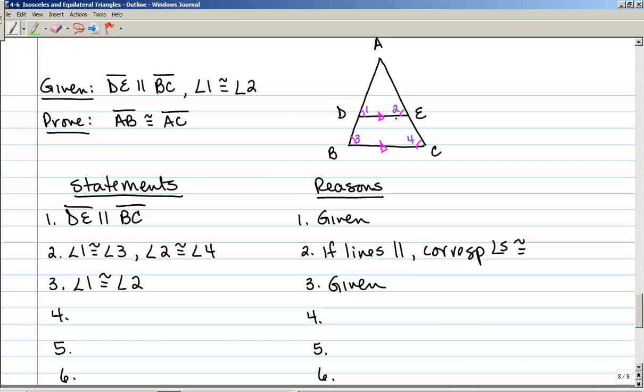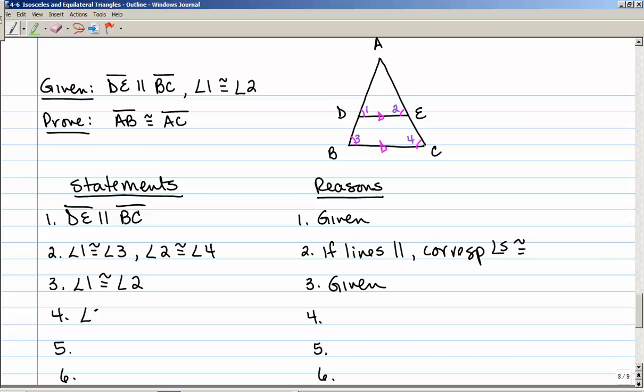And it looks like I have a whole bunch of congruent angles here. But what I'm going to need to say is that angle 3 is congruent to angle 4. And I can't just say that because I'm looking at the picture and everything's marked in pink. I think I'm going to have to do a couple substitutions here. So let's see. If 1 is congruent to 2 and all of these guys are congruent here, I can say that 2 is congruent to 3, because for this first statement, 1 is congruent to 3, I'm going to substitute in 2 for 1, because 2 and 1 are the same.